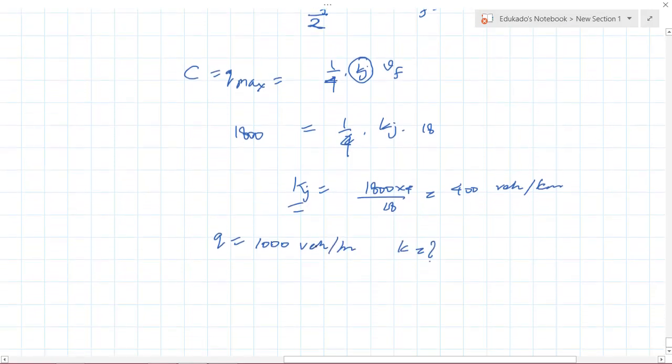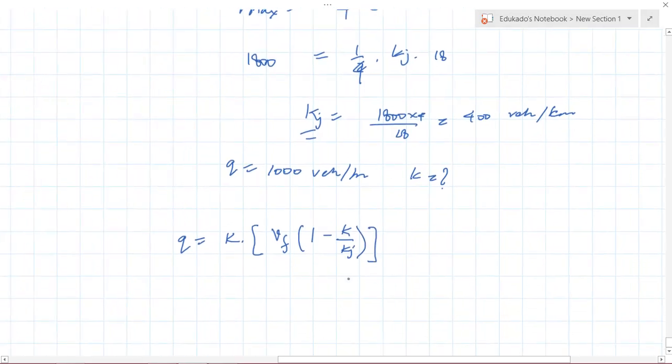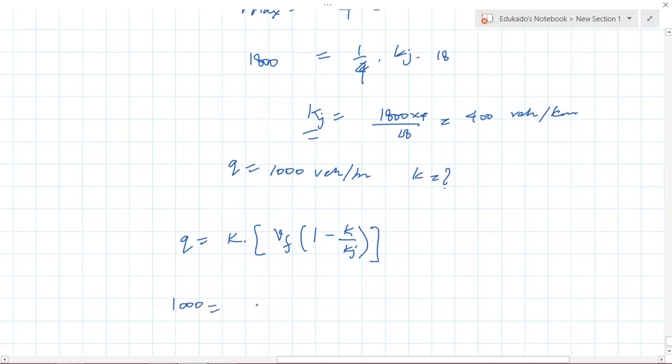With this, I know that q equals k times Vf multiplied by 1 minus k over Kj. Here q is given as 1000, k we need to find out, Vf is 18, and Kj came out to be 400.